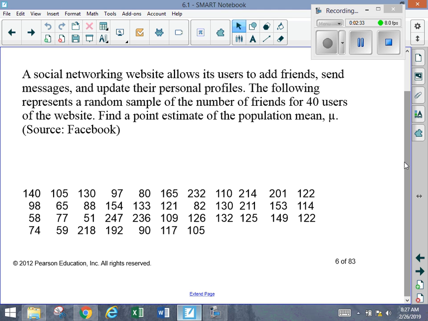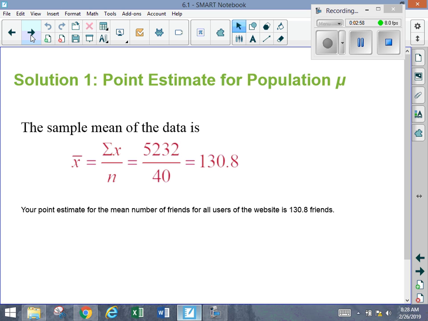And these people don't have very many friends. Okay, so what is this, right? We're trying to find this sample mean, and we're going to use the sample mean to estimate what the actual mean is, right? So we've got the sample, and if you add them all up and divide by the sample size, you get a sample mean of 130.8 Facebook friends.